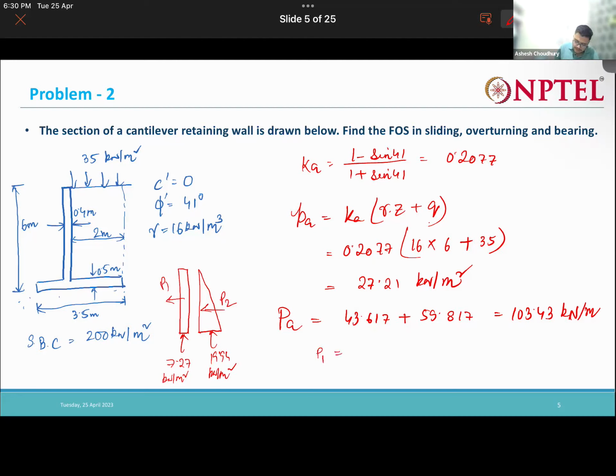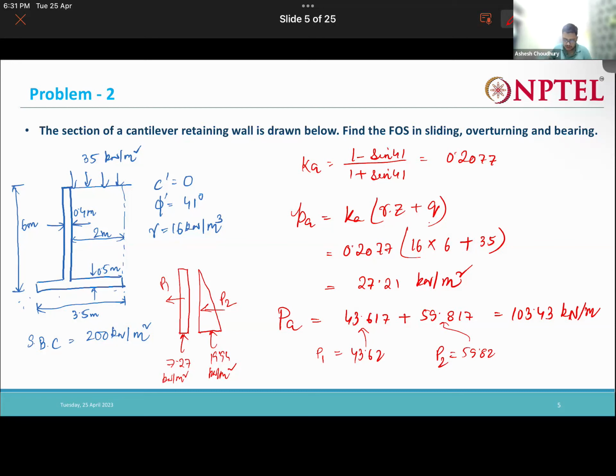My P1 is 7.27 into 6, so 43.62, and my P2 is half into 19.94 into 6, which is 59.82. Okay, so we got that, right?